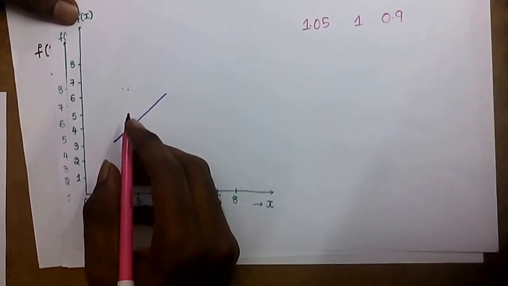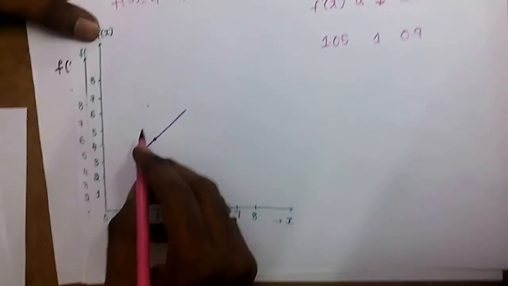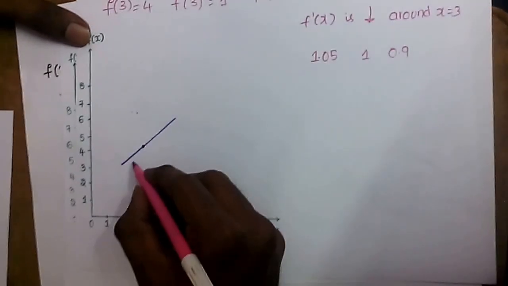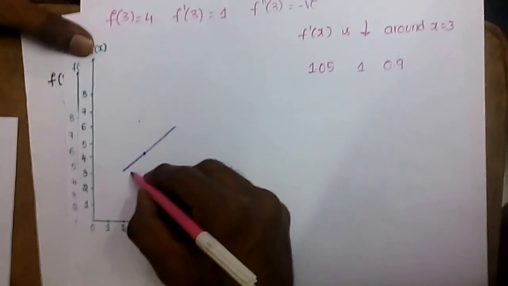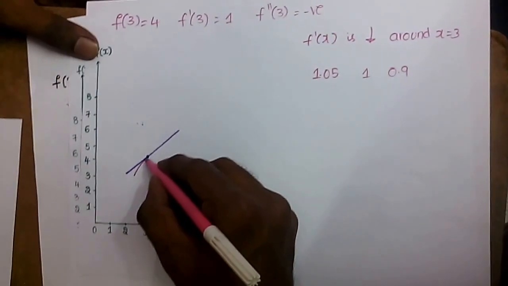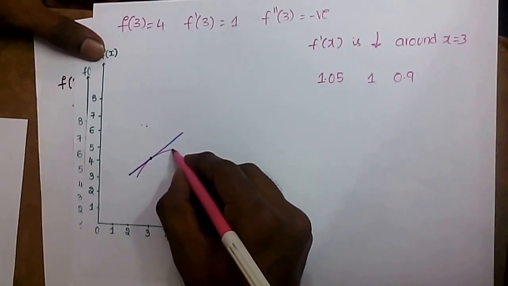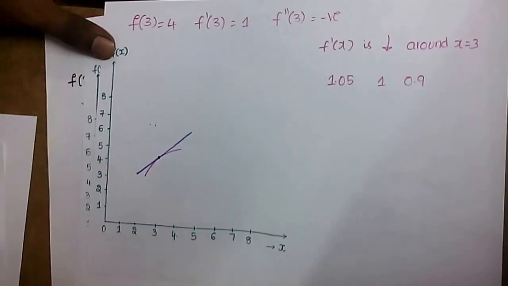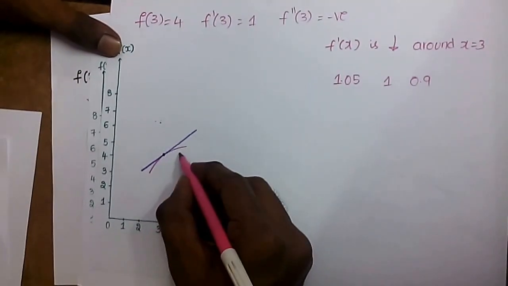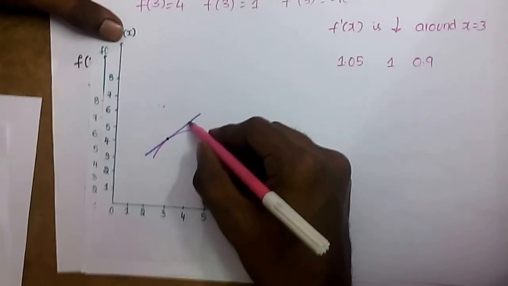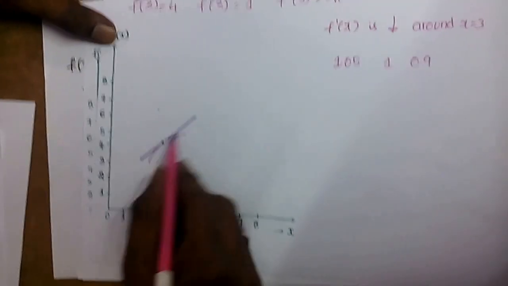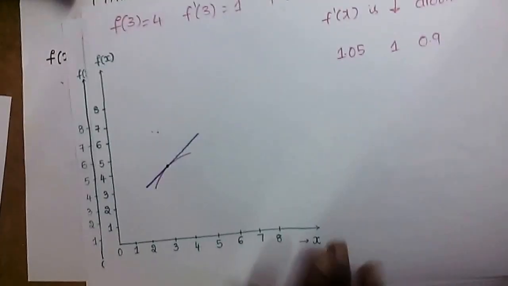So the graph is going to be more steep when x is less than 3, and going to be flatter when x is greater than 3. So this is how the graph of the function looks. If you draw a tangent here, it is steeper than this tangent. If you draw a tangent here, it is less steep, or flatter, than this tangent, right?